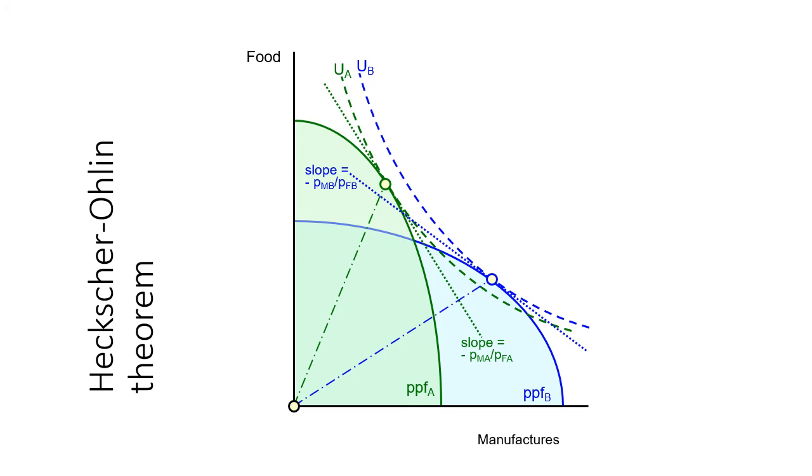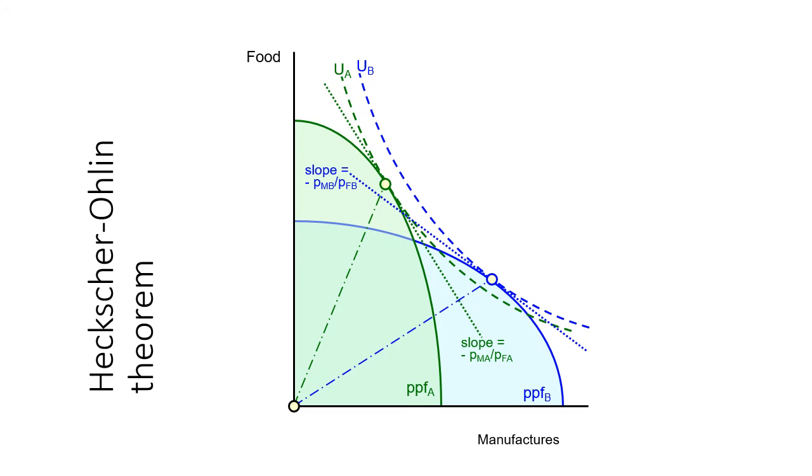So these are things that you need to know, and this is depicted by the green dotted line, which is showing the labor intensive movement, and the other dotted line, which is showing the capital intensiveness of country B.